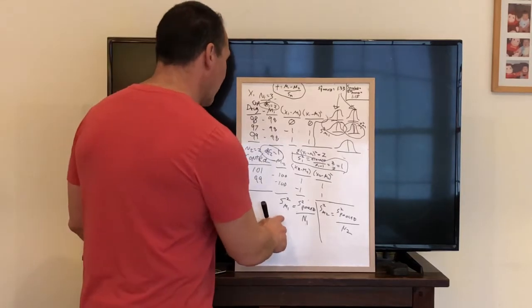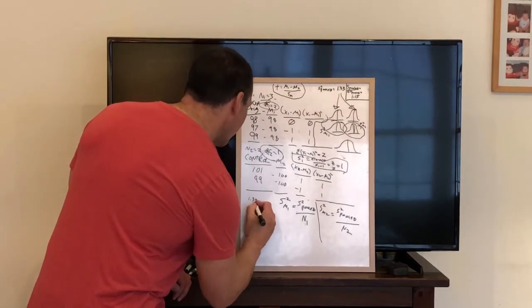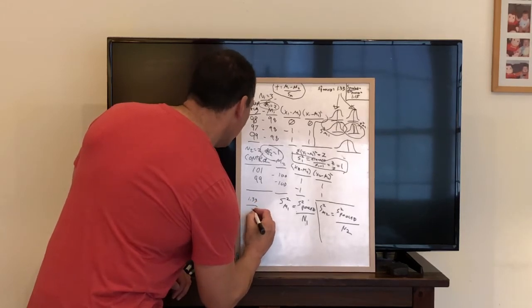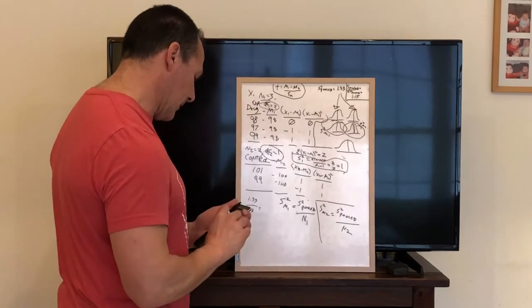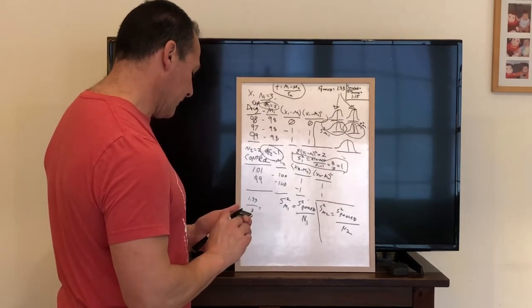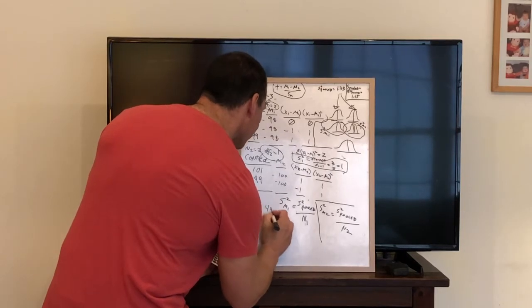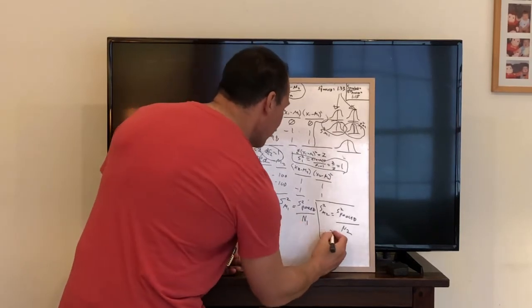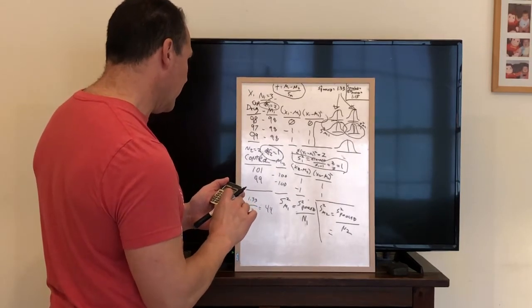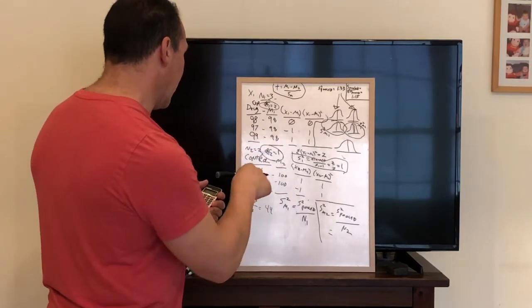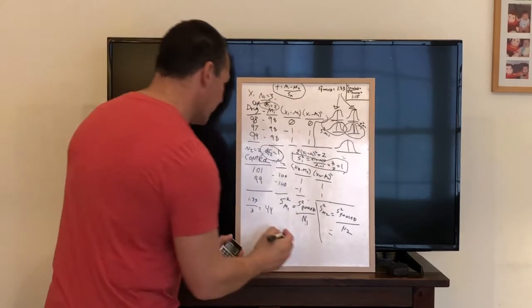So S square m sub 1 equals 1.33 divided by 3, which is 0.44. And S square m sub 2 equals 1.33 divided by n sub 2, which is 2, which is 0.67.